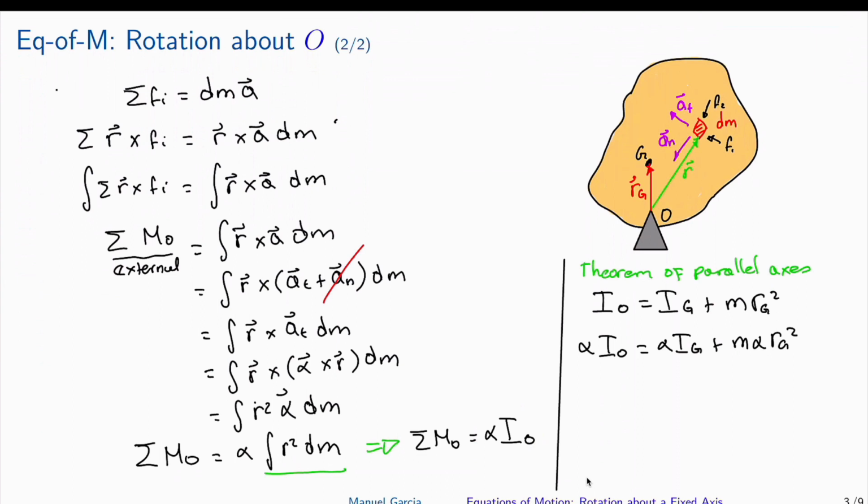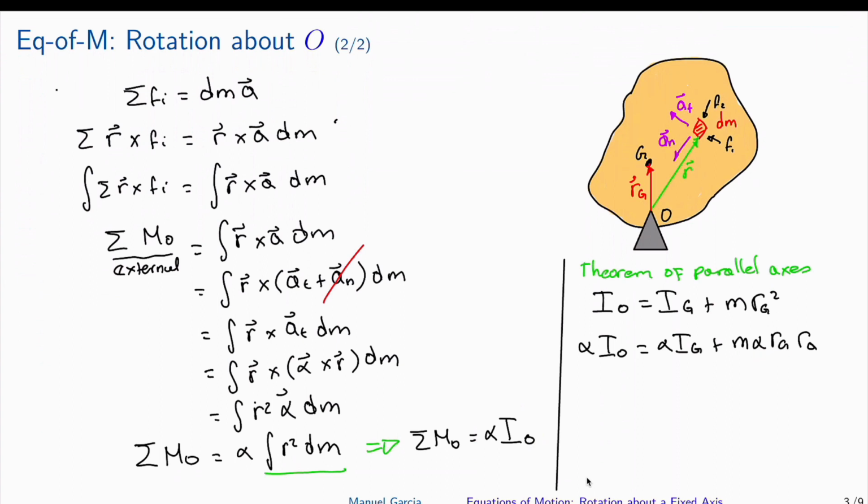So we can divide this r squared as r multiplied by r. So let me put it like that. And so we have that alpha multiplied by r is the tangential acceleration.